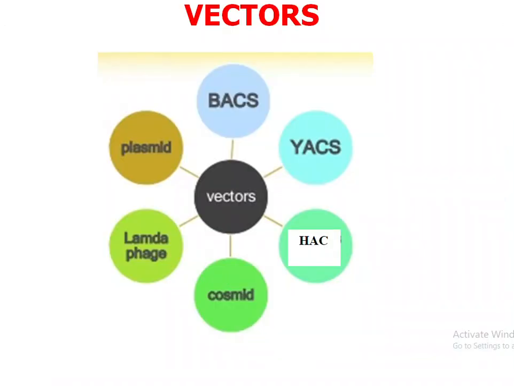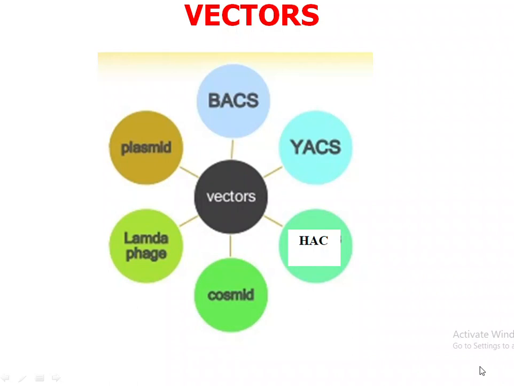Vectors are among the essential tools of gene cloning or gene expression. Specifically, a cloning vector is DNA taken from a virus such as lambda phage, or a plasmid, or cells of a higher organism, to be inserted with a foreign DNA fragment for cloning purposes. Major types of cloning vectors include plasmid, bacteriophage lambda, cosmid, yeast artificial chromosome, bacterial artificial chromosome, and human artificial chromosome.